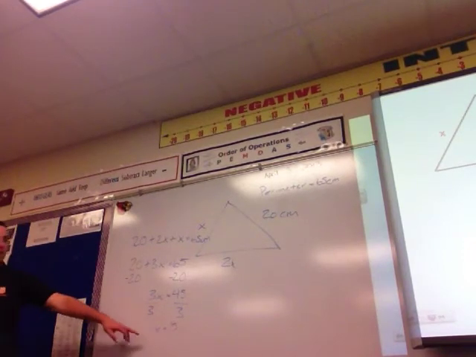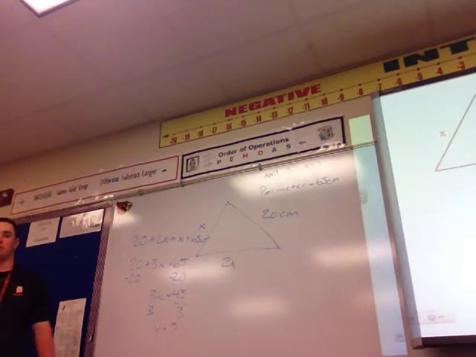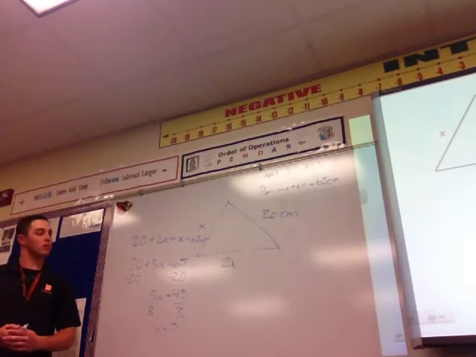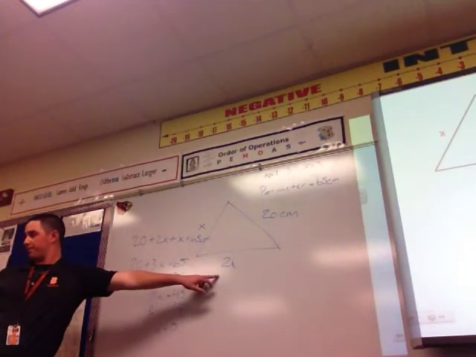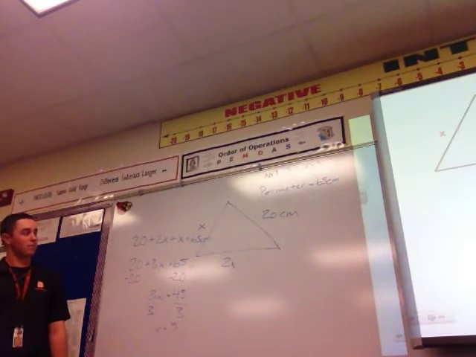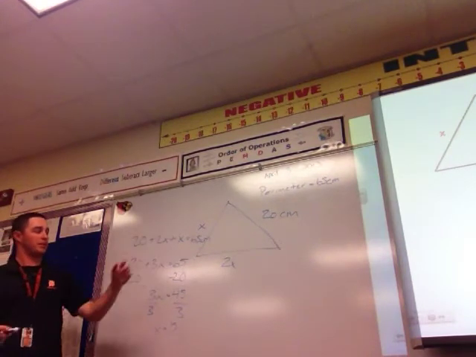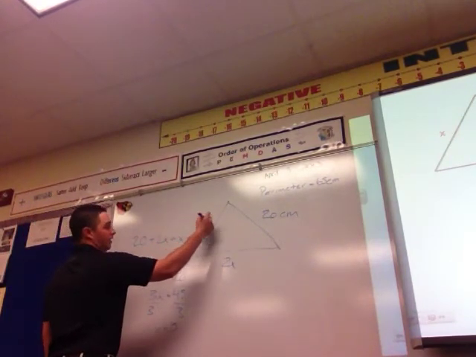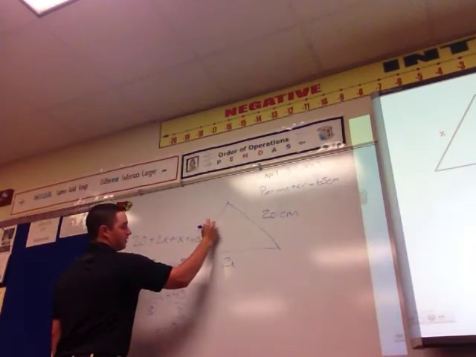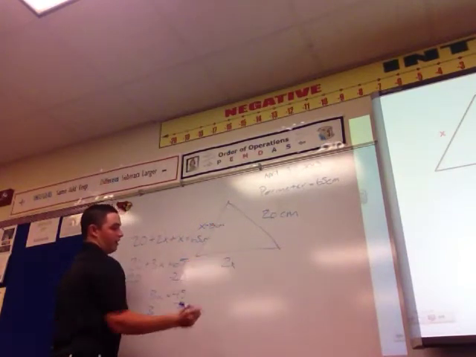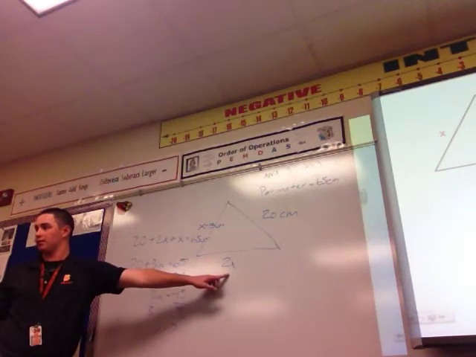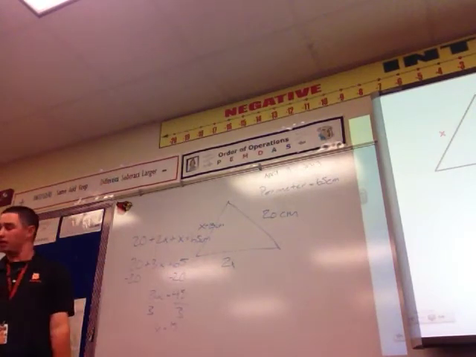So now that we have x, what do you guys think we do? We put it up there, where the x is by itself. So we know that this side is now 15 centimeters. And this is 2x, so what do we have to multiply 15 by? 2.